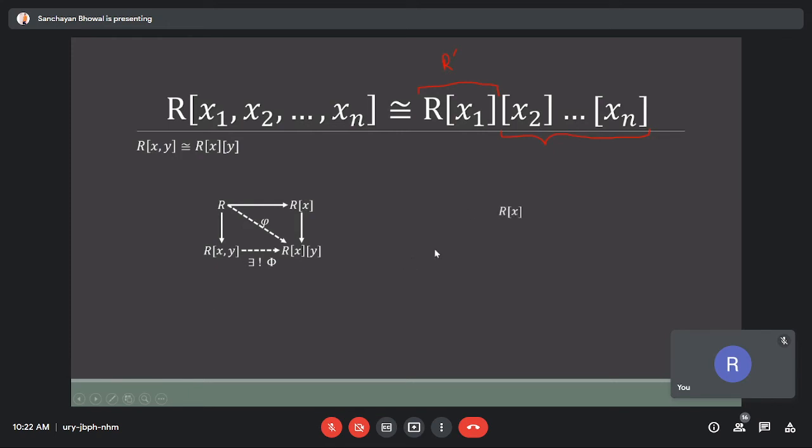Now, what I will do, I will take Rx. Now, Rx is sitting inside Rxy. Also, it is sitting inside this thing, Rxy. Hence, again by using the substitution principle, there exists another homomorphism. Now, there exists a homomorphism from here to here, and from here to here.